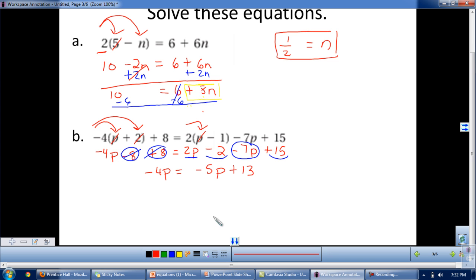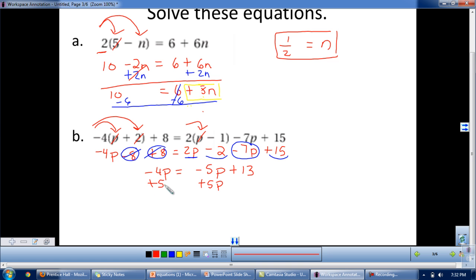Now we have variables on both sides. Let's figure out which variable we're going to bring over. We could bring the negative 4p over, but if we do that, 0 will be on the left side, and that won't do us any good. So let's bring the negative 5p over. The reverse operation of subtracting 5p is adding 5p.